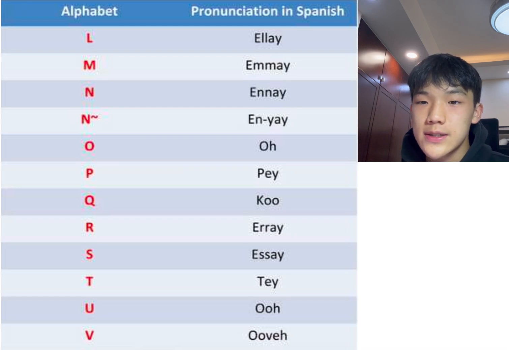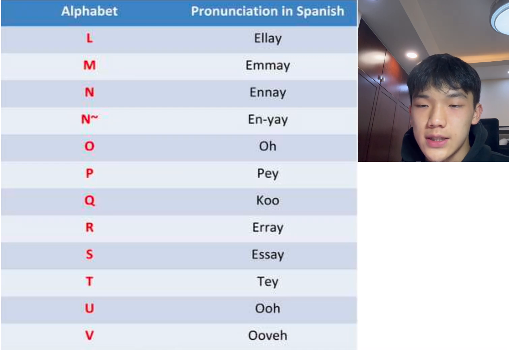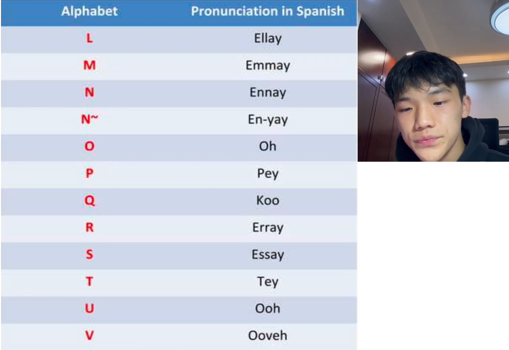And this is where it starts to get difficult for some speakers. I found myself that, especially towards the end of the alphabet, it's not really similar to English in the sense that these letters are really easy and one-syllable sounding. So you really have to memorize how to say the letters by themselves here.